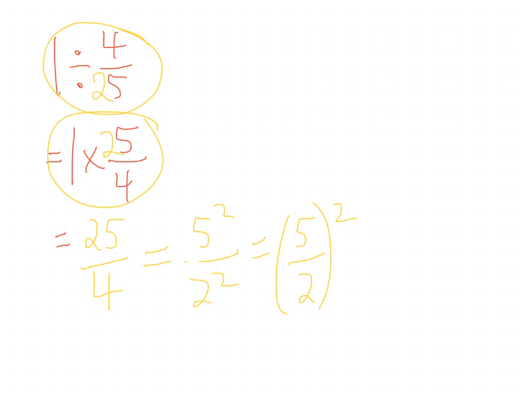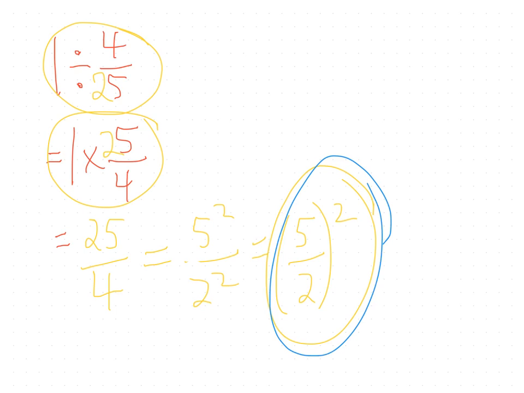And the end result ends up becoming 5 over 2 to the positive 2.